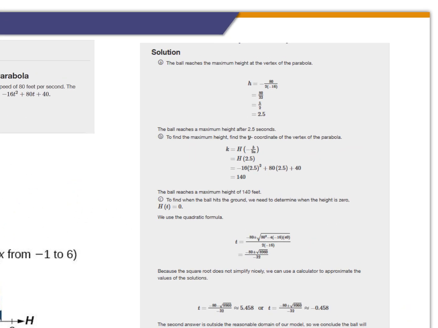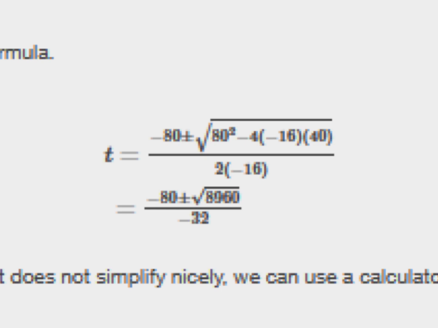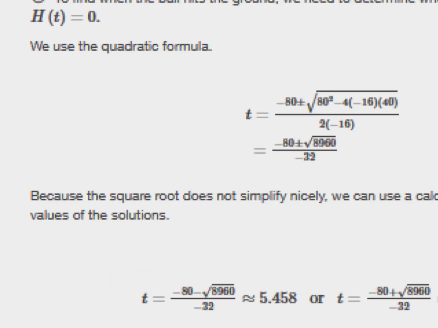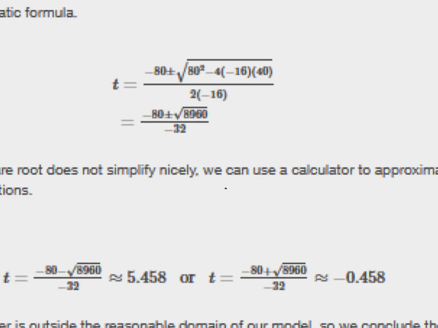It looks like they found the same height at 2.5 seconds. It looks like they plugged in at 140, so that one's good. Then they did the quadratic formula. Look at that mess. And then I don't see them with an answer until they said, because the square root does not simplify nicely, we'll use a calculator.